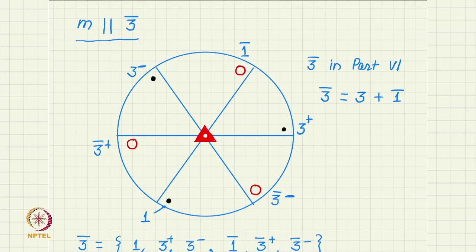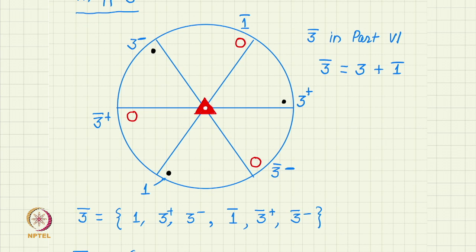Let us now look at the combination of a mirror plane with a 3 bar axis. We have met 3 bar in part 6, where we also saw that 3 bar was nothing but a combination of a 3-fold axis and an inversion center.